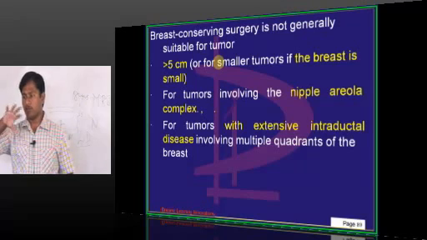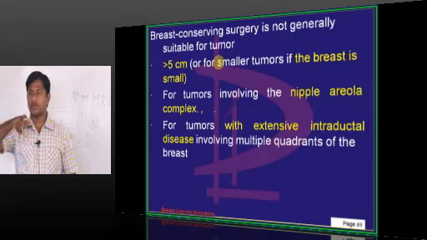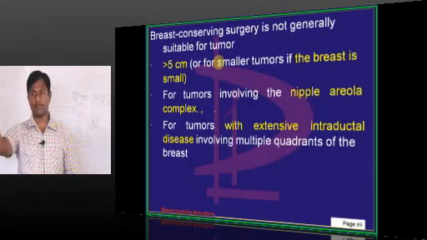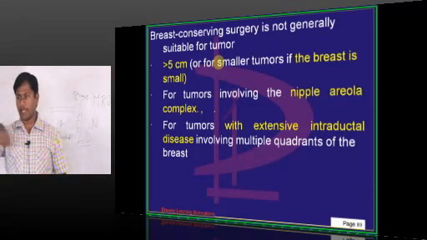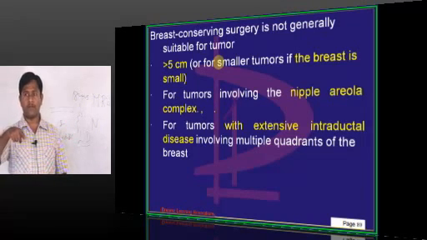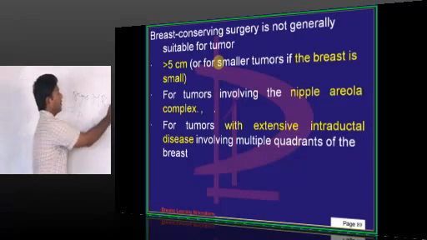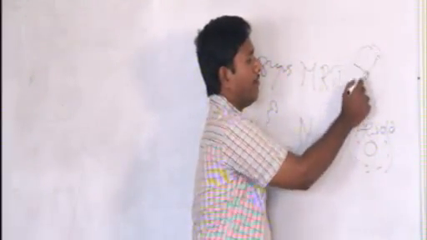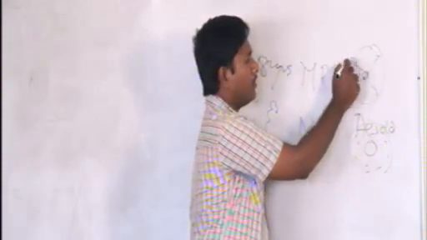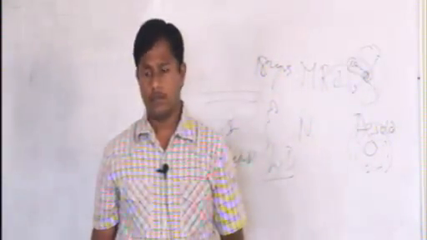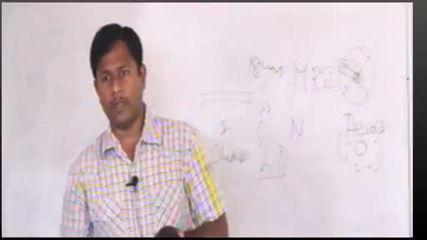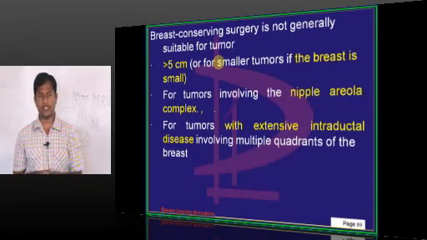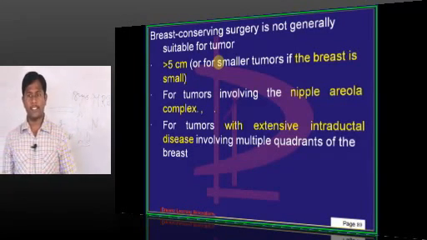All the breast lymphatics come and form a plexus there. So any lymphatic from any quadrant of the breast, from a carcinoma at any site, will come and get mixed. Even if it is the upper outer quadrant, it will have a connection here. If you want to remove any of this, you have to remove this. That is the reason why you generally don't spare the nipple and areola complex, because of the presence of the subareolar plexus of Sappey.